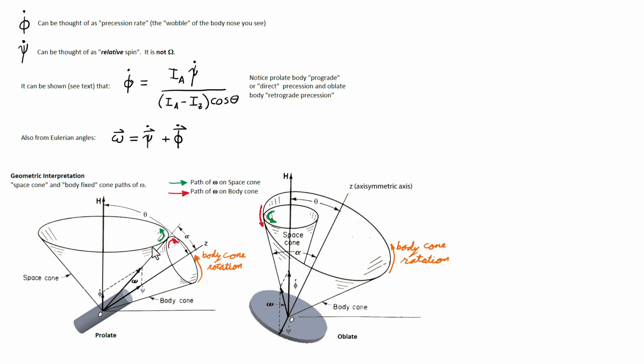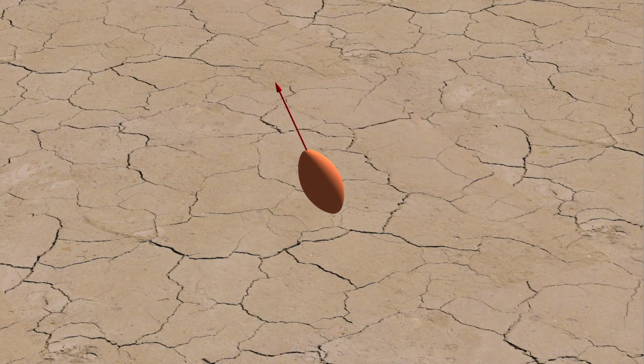And this omega vector has to be on the intersection of those two cones, because omega is associated with each of these. If we go back to the spinning football here, once again, you can see the omega vector sweeping out this cone in the inertial space. It's also moving relative to the body as well, but that's more difficult to see.